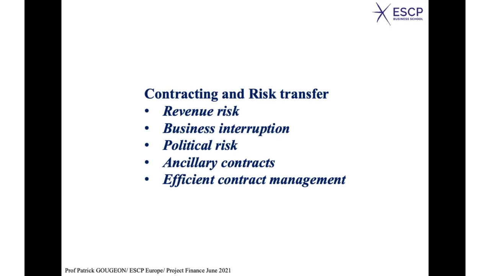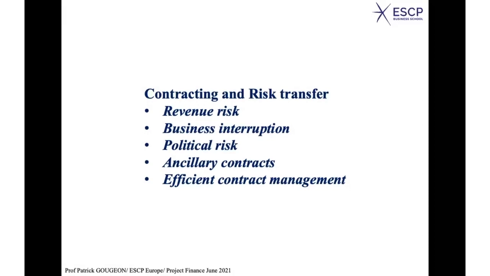Okay, so I will discuss the main types of risk. The first important risk is the revenue risk. It is important for a project, if you want to secure the cash flow, to secure the revenue. Okay, and when we talk about revenue risk, I will also say a few things about the supply risk.